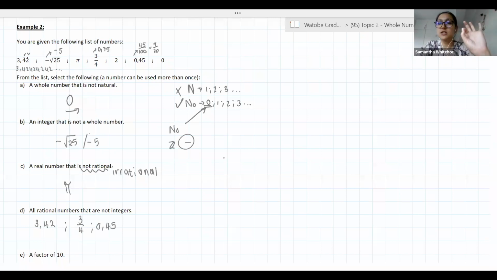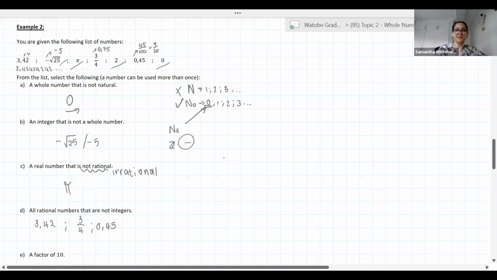Right, so guys, not integers, it can't be a negative or a positive whole number or 0. So we can automatically ignore 0, 2, and the negative 5, and obviously pi because it's irrational, which means exactly as Mateo said there, 3,42, 3/4, 0,45. Excellent, well done.